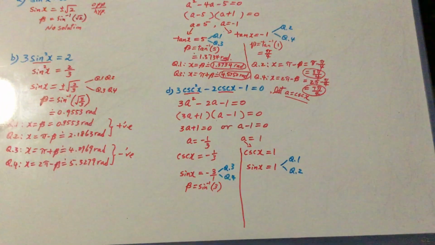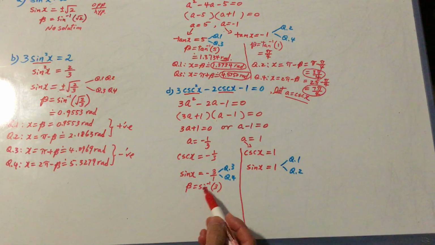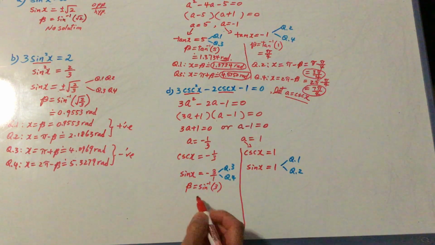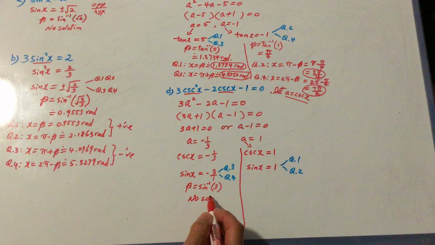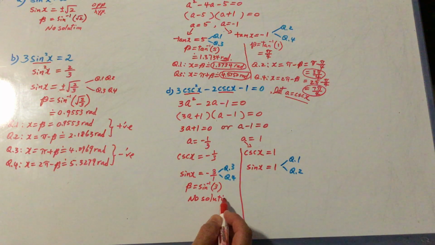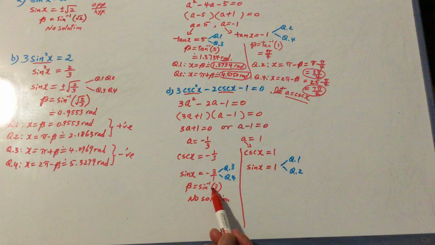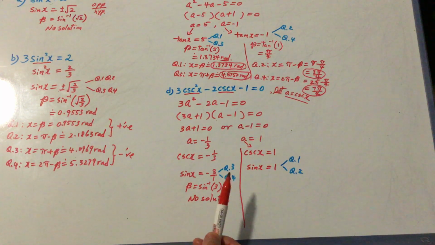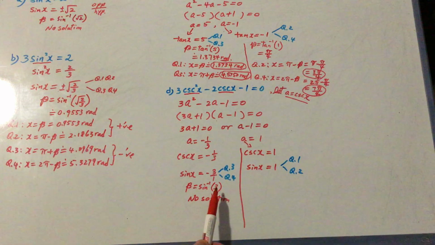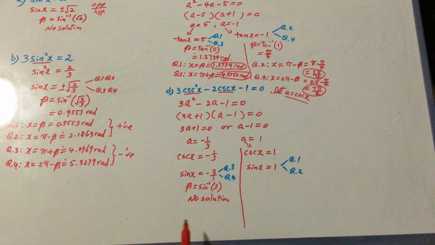The calculator will tell you there's no solution, because you will not have a ratio of two side lengths that will give you a 3 for sine. When you take the opposite over the hypotenuse, you're supposed to get an answer less than 1. When you take a small number divided by a bigger number, you always get less than 1, but you cannot get 3. So this part has no solutions.